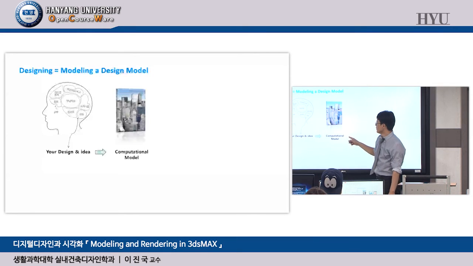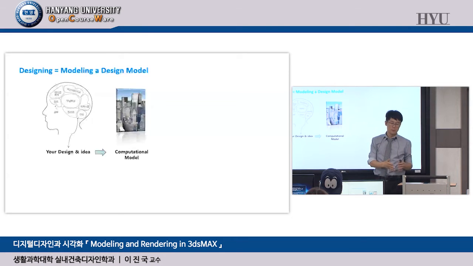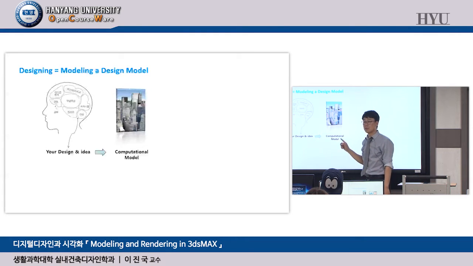Design process simply means making your model. Your model, clay model, foam board model, no, computational model, okay? In this class, usually, okay? Sometimes you use SketchUp. In that case, this is going to be a SketchUp model. In this class, a 3D Max model, 3D Max file, okay?